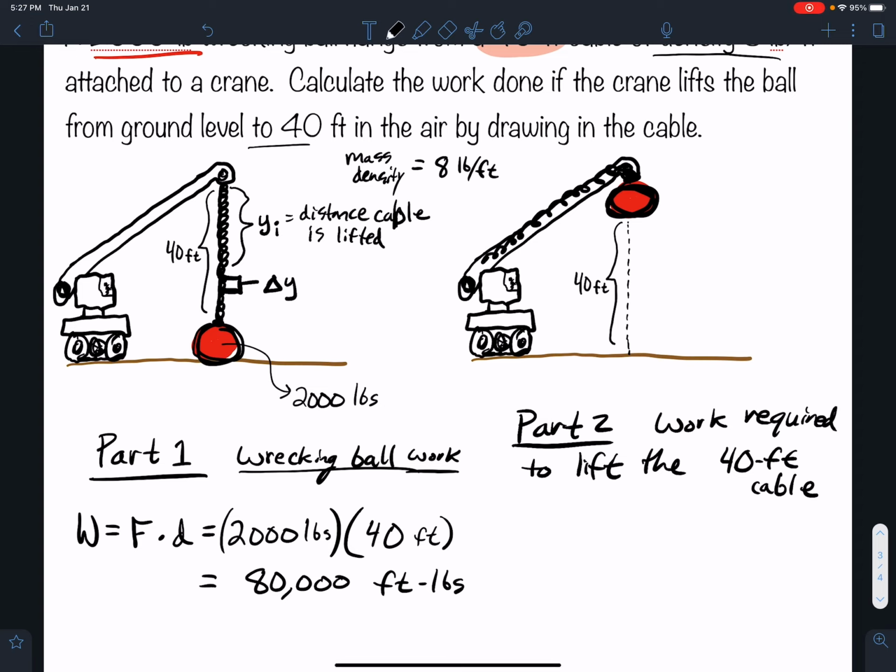The work done is the mass density multiplied by the distance traveled, so force times distance.